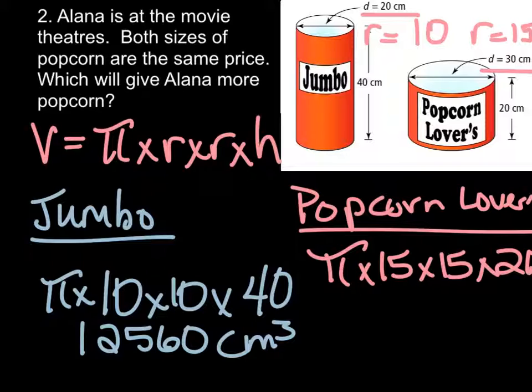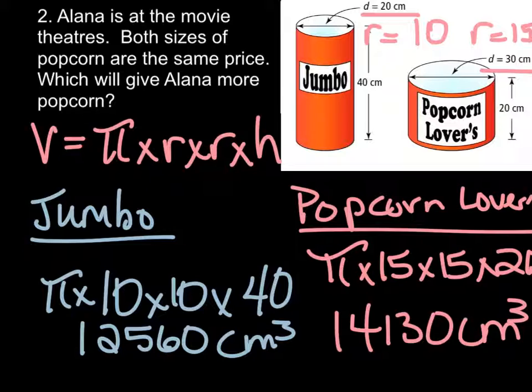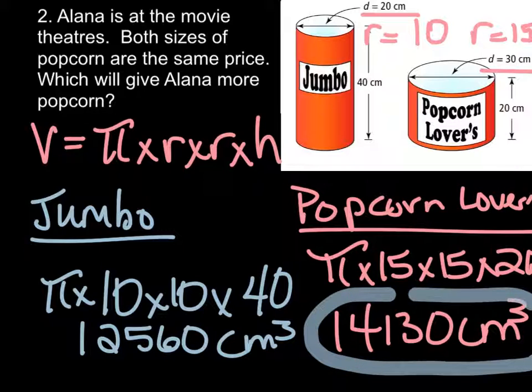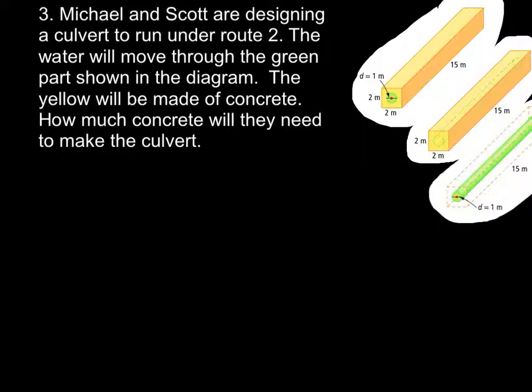All right, and that one, I just put it in my calculator, gives me 14,130 centimeters cubed. So our popcorn lovers size is larger, so that's going to give us the most volume, or the most popcorn.